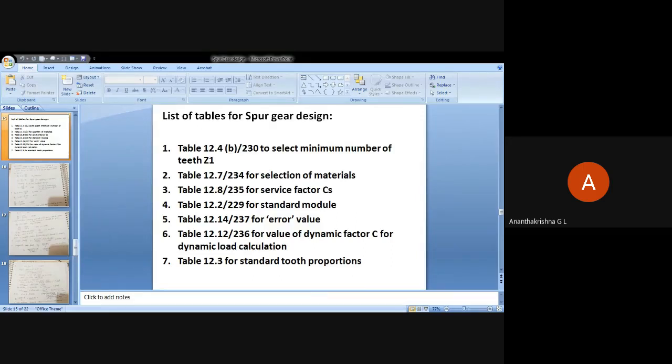This represents that pinion and gear are cast iron and cast iron. If you look at cast iron and steel, it means pinion and gear, vice versa, a combination of steel and cast iron. If it is steel and steel, pinion and gear is a combination of steel and steel with 20 degree involute profile.